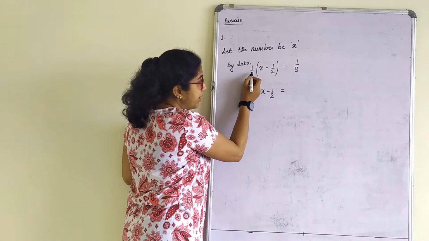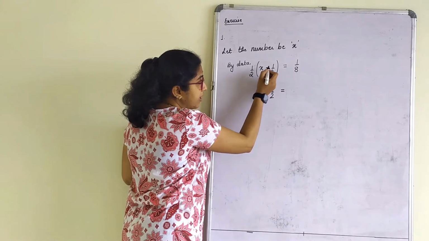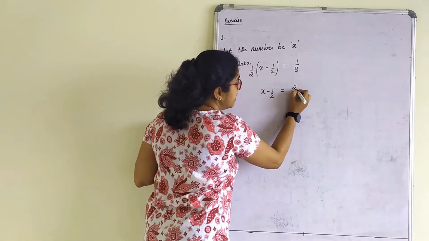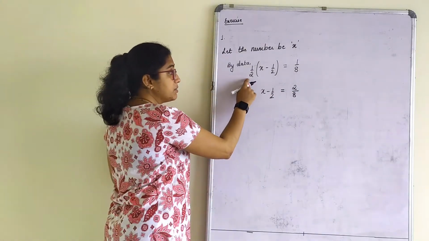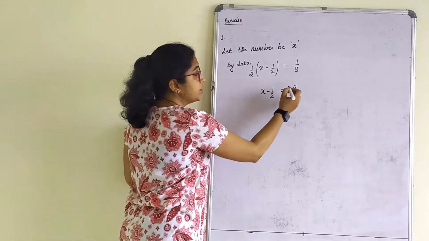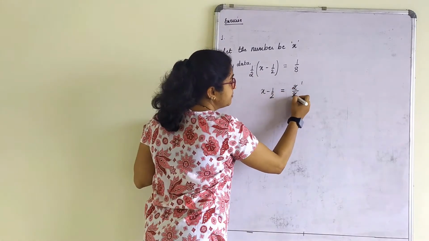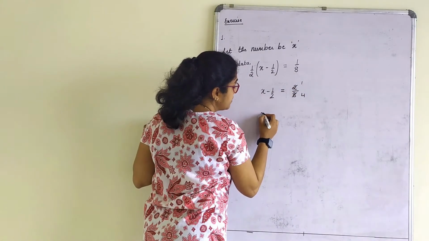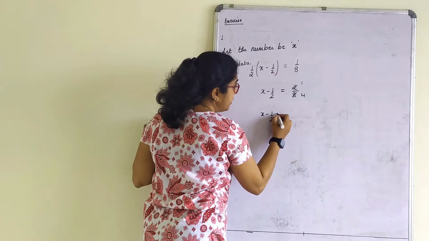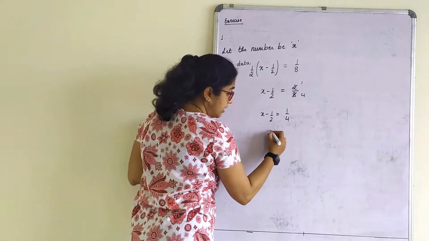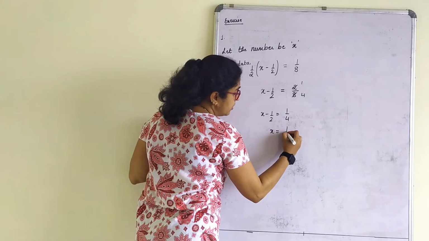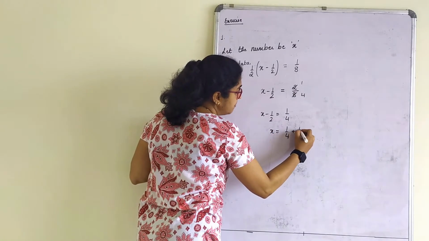Half, 1 by 2, is dividing here. Transpose will become multiplication, 2 by 8. Very clear? I transposed this half to this side. So 2 ones are 2, 2 fours are 8. x minus 1 by 2 is equal to 1 by 4. Last step. x is equal to 1/4 plus half.